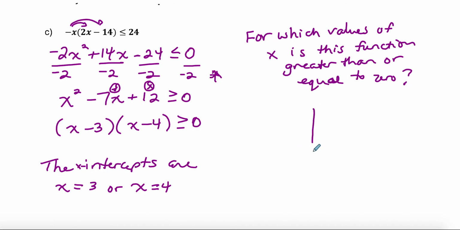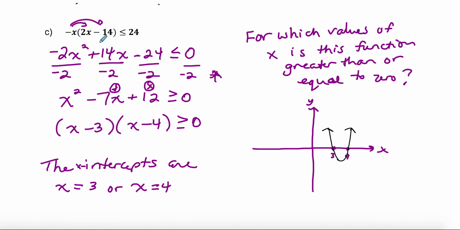So if I draw yet another little sketch, because the sketch really helps me picture what I'm doing, they're really close together. So 3 and 4, let's say this is 3 and this is 4. My parabola would come down, and I don't even really care where the vertex is, but this is my parabola. And I have x-intercepts 3 and 4.